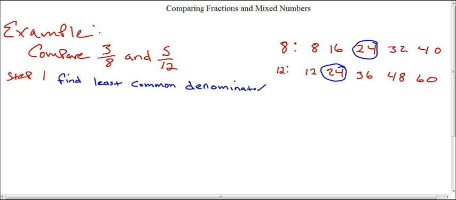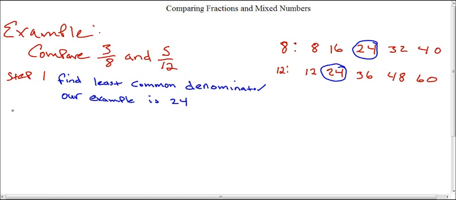Well, how do we work from there? Our example's least common denominator is 24. Alright, step 2, use the least common denominator to write equivalent fractions.